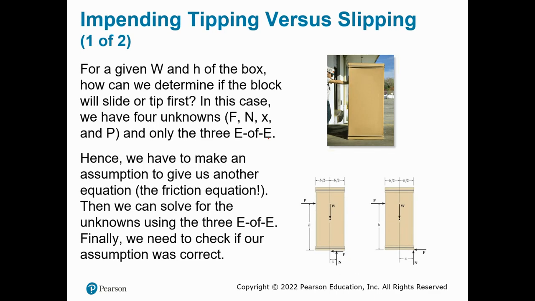So over here, if we try to push this really tall object, that's called a cabinet, we first need to determine: would it slide or would it tip first? We don't know, so we're going to make our assumptions. If it tips, the point of contact will be on the lower right corner of the cabinet.